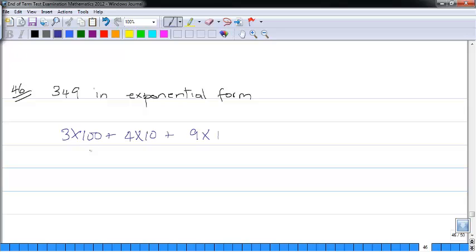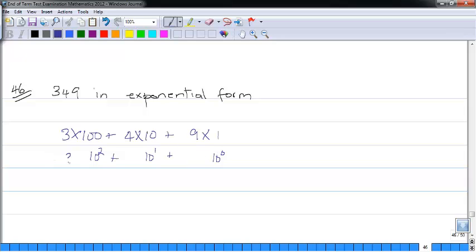Let's look at this now being written in exponential form. What is 100 in exponential form? That would be 10 squared, plus what is 10 in exponential form? That would be 10 to the first. And what would be ones? It would be 10 to the 0 power. Let's put these back now.